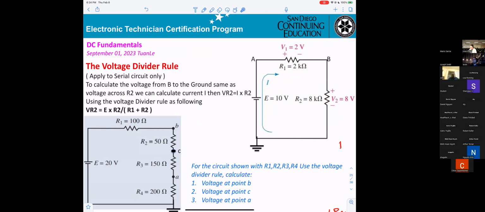However, now they bring it up for you one way. They say voltage divider. That means I want to calculate the voltage here, VR2.